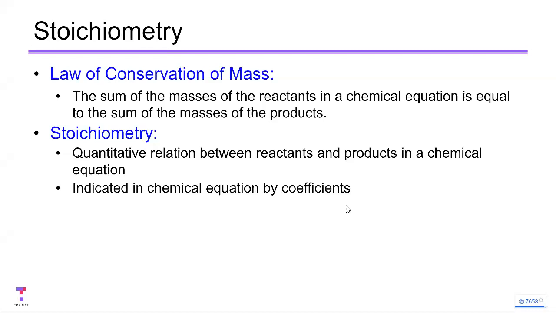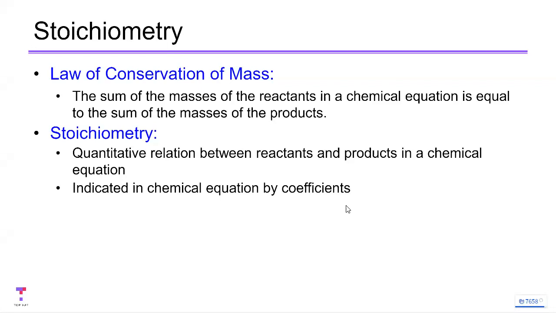We usually measure masses. And so for masses, we need to use the similar kind of idea. Mass cannot be created or destroyed. What stoichiometry allows us to do is calculations to help establish that relationship between our reactants and each other and their masses, and the products and each other and their masses.